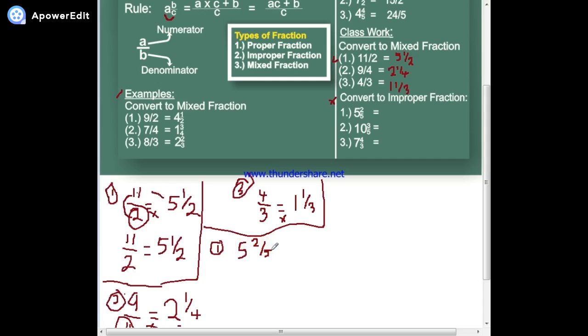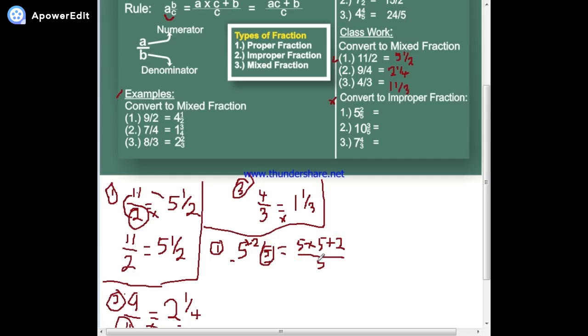So what are we going to do then? We will multiply the denominator by the whole number, which is 5 times 5, and add the numerator, which is plus 2, and divide everything by the denominator given to us, which is 5.